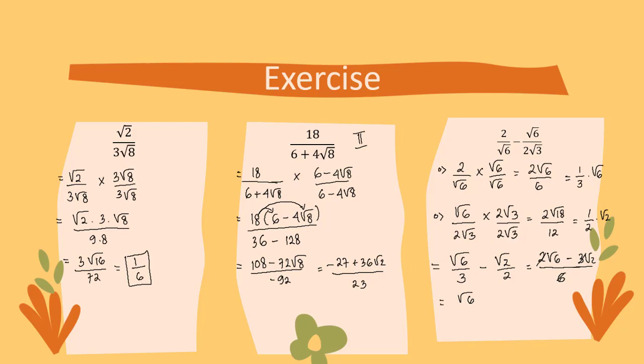And you can simplify the number. And this is the answer, square root of 6 over 3 minus square root of 2 over 2.